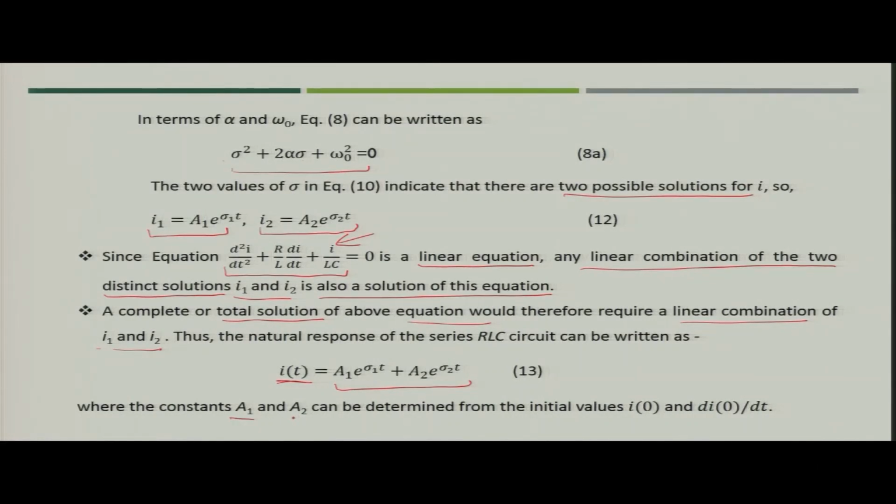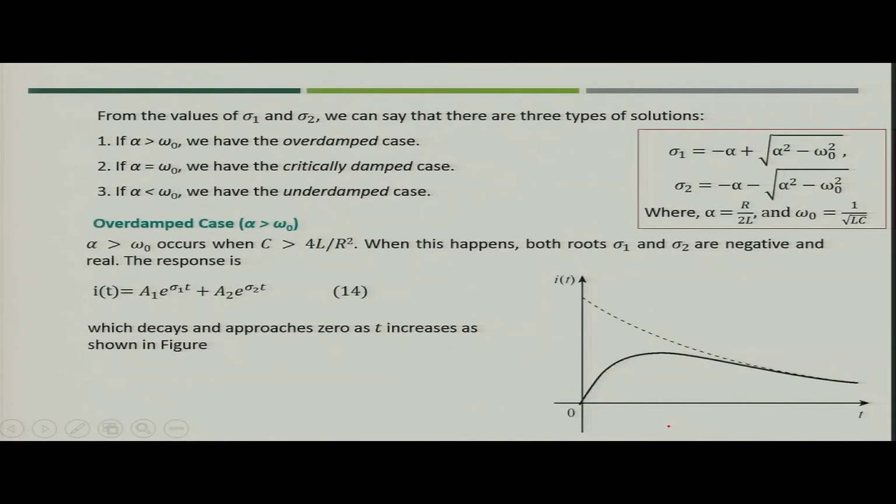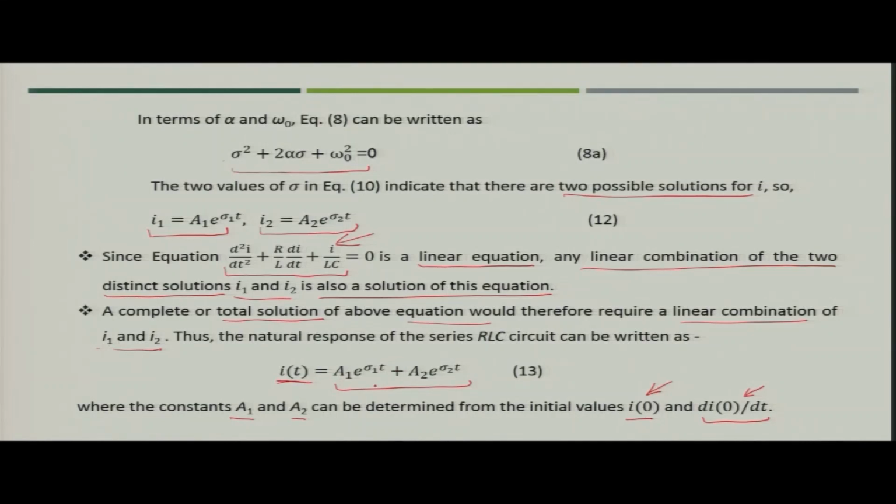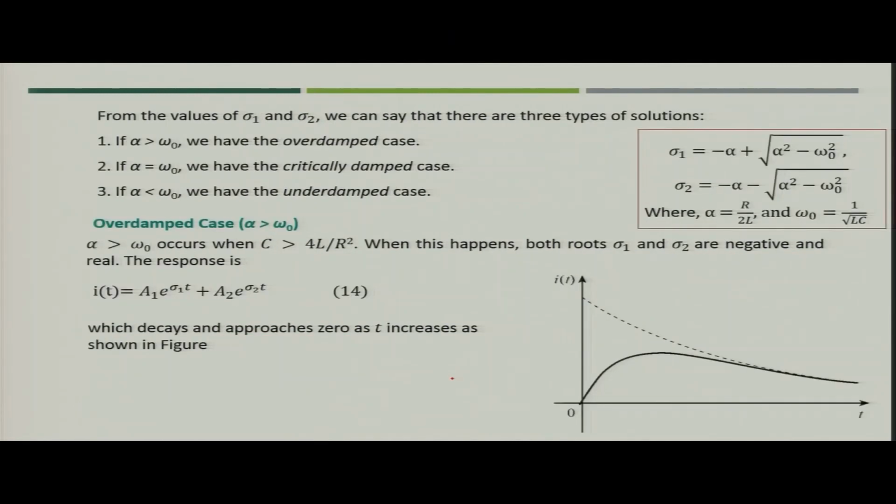Now, here A1 and A2 are constants which you can determine with the help of I at time t is equal to 0 and dI by dt at time t is equal to 0, and these values we already have in our hand. So, when you compare these equations, sigma 1 and sigma 2, which are the roots of the characteristic equation, we have three possible types of solutions.